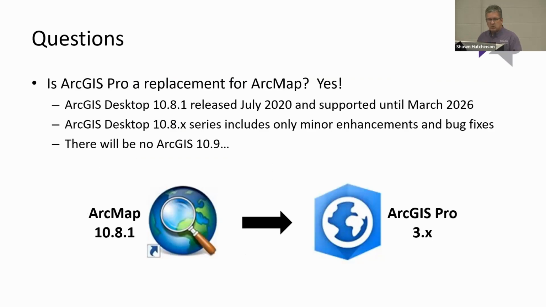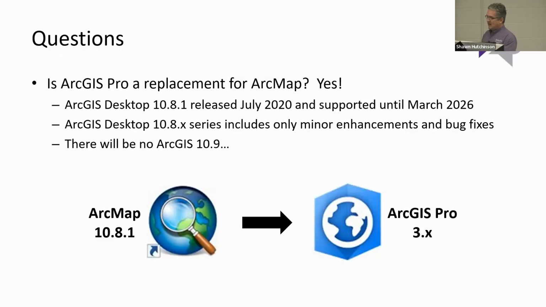Beginning the spring of 2026, its lifespan ends. So if you're still using ArcGIS desktop as your GIS software, now is the time, if you haven't already, to transition to using ArcGIS Pro. Do that. The learning curve is a little steep at first. You'll be cranky for a while, and then you'll go, how did I ever survive without ArcGIS Pro?